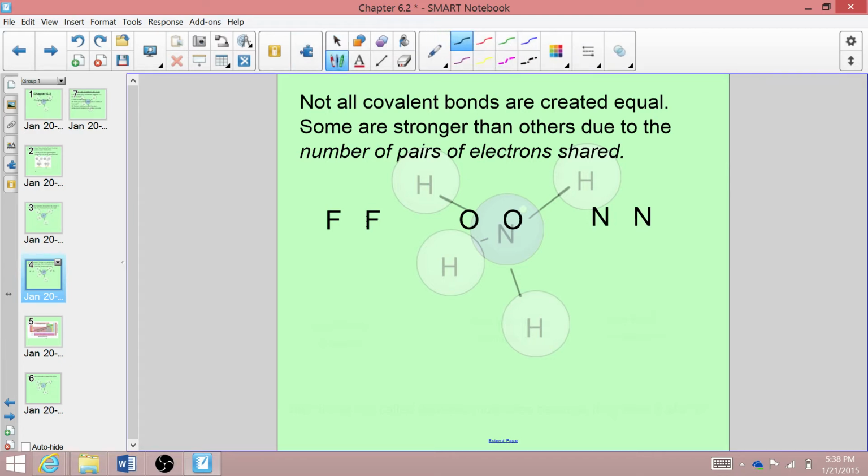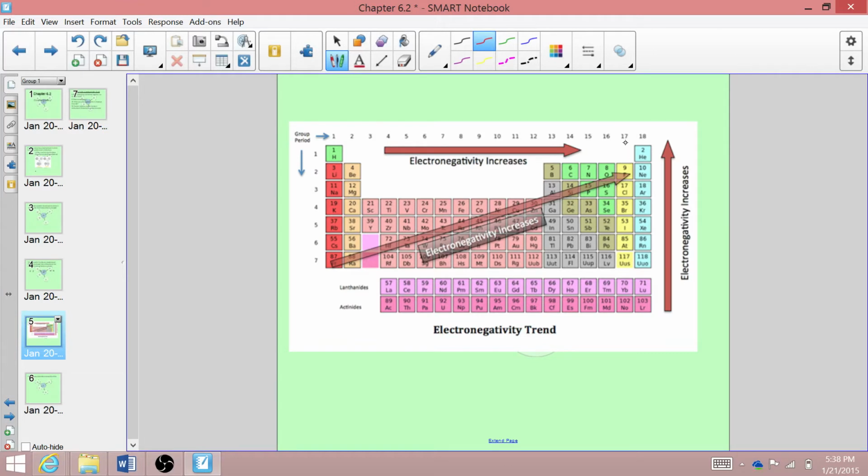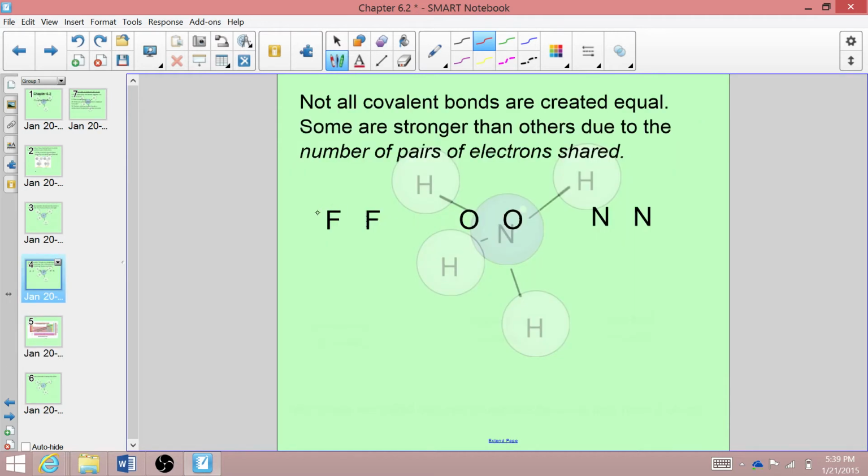So we can do an electron dot structure for all of the elements in a covalent bond just like we did for an ionic bond. If we take a look at the periodic table, we can try and do electron dot structures for fluorine, and then oxygen, and then nitrogen respectively. So if we look at fluorine, fluorine is over here in group 17, meaning it has 7 valence electrons. So if we take a look at these two fluorines next to each other, we've got 7, 1, 2, 3, 4, 5, 6, 7.